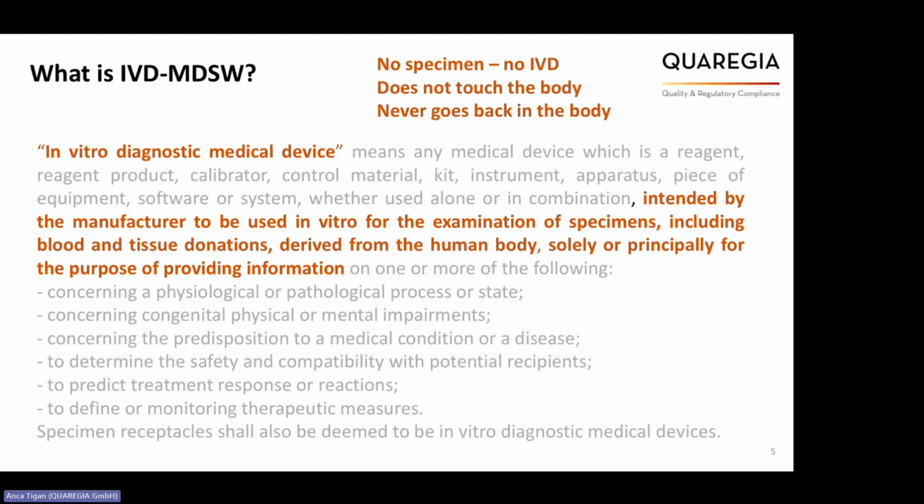What we understand by specimen, for those who are more software oriented, is any type of sample from the body, like blood, tissue, or urine. So this definition is important to keep in mind when we ask the question, what is IVD-MDSV?